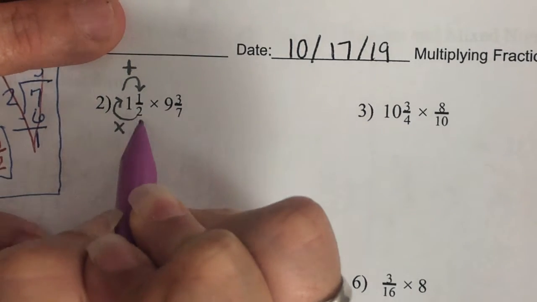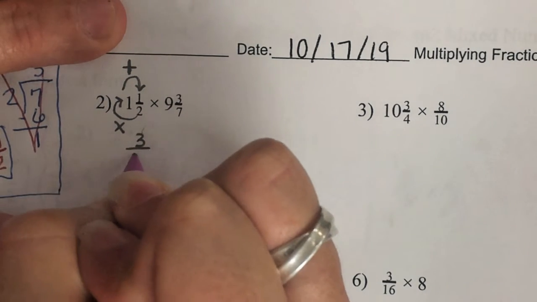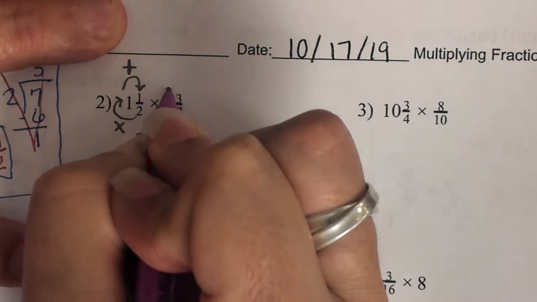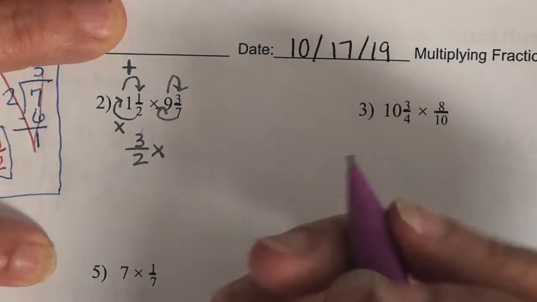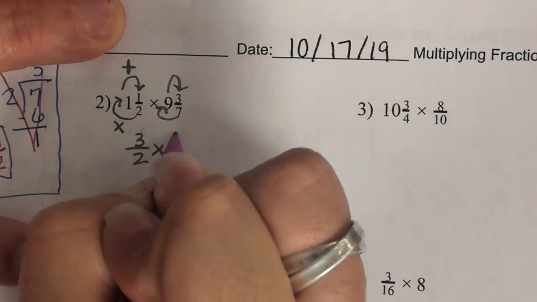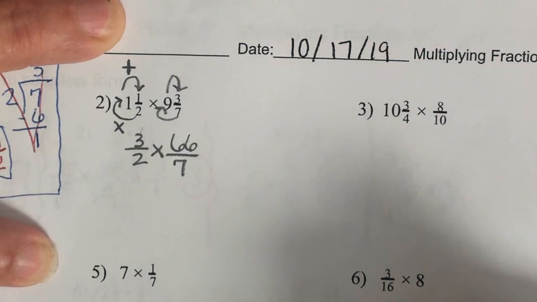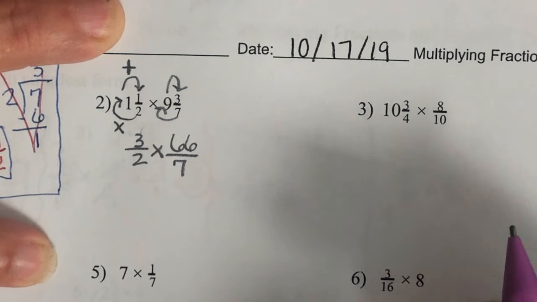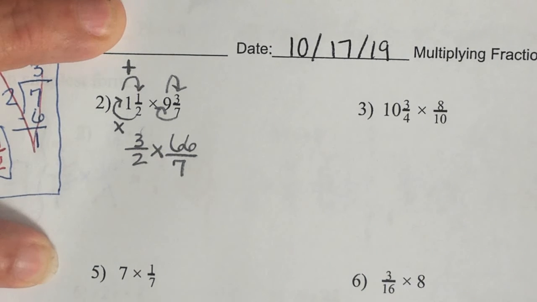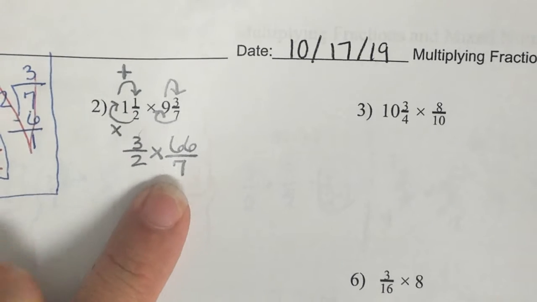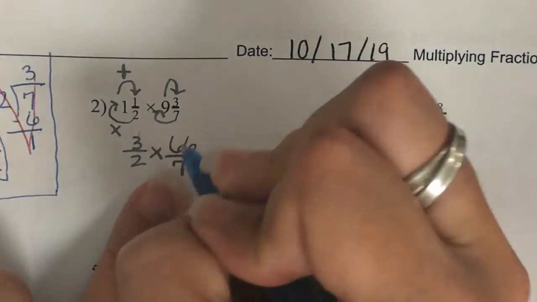So, 3 over 2 times 7 times 9 is 63 plus 3, 66 over 7. We good on that? Okay, you just all scared me because you're all like, whoa. Dividing 66 and 2 by 2, right? To make it 33. That's right.